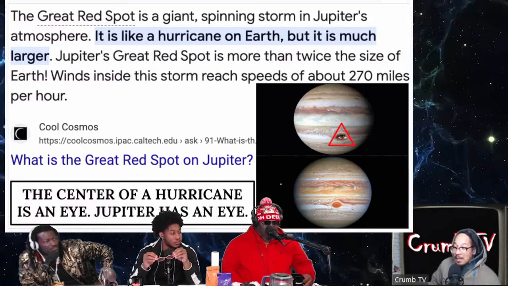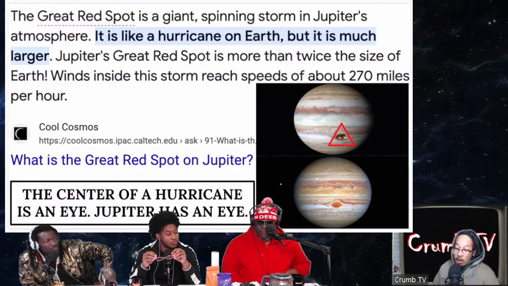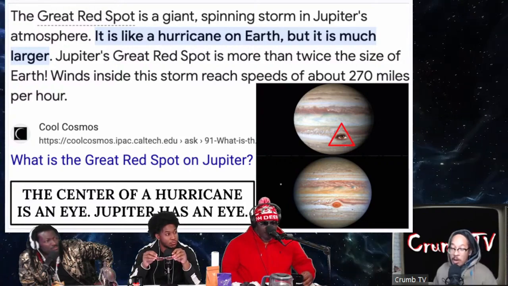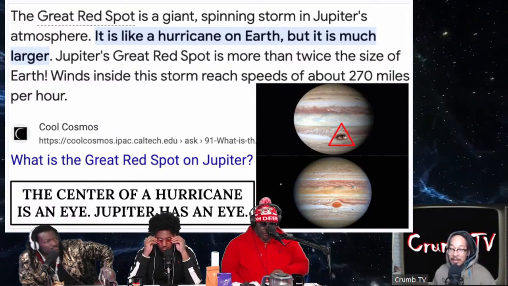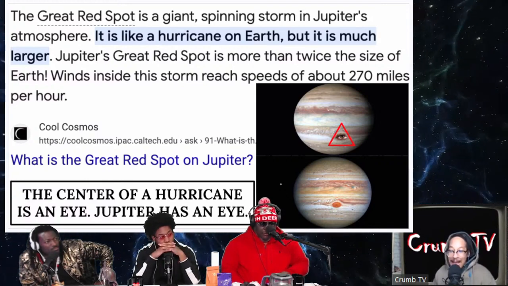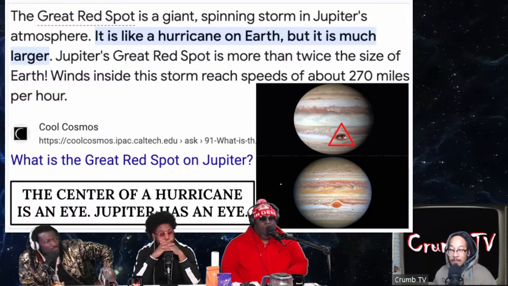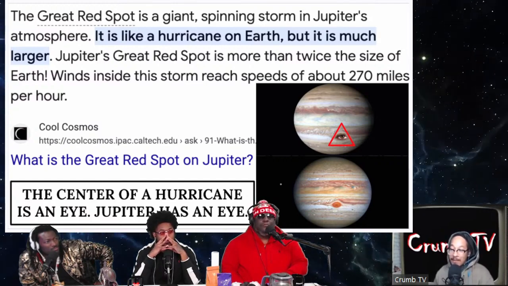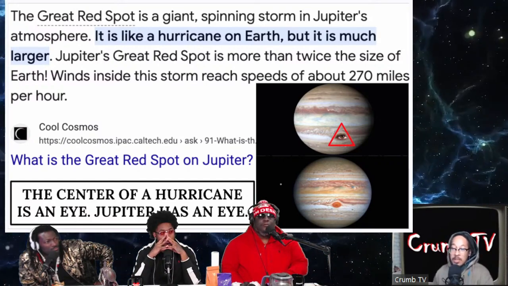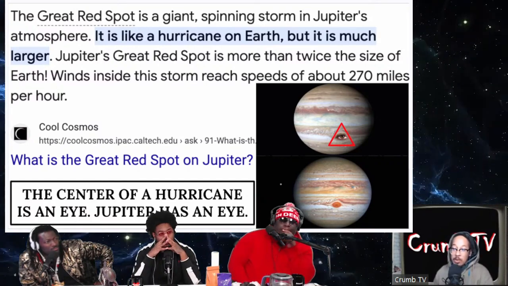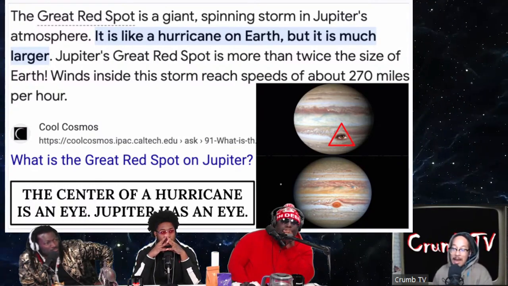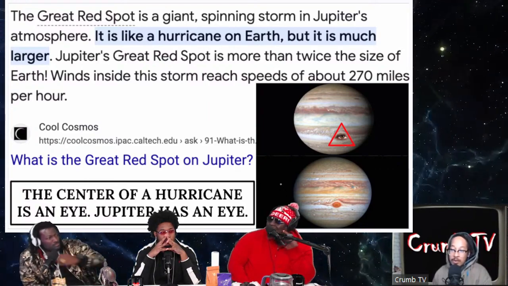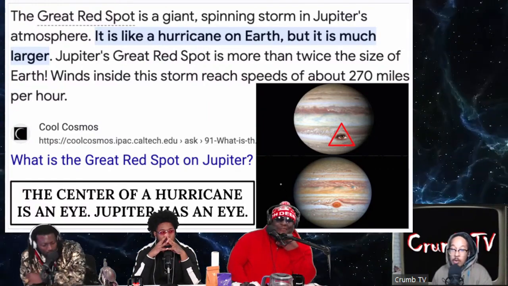And basically, it's a hurricane. They call it a storm, but it's a hurricane. And we know hurricanes have an eye. There's an eye of the storm. And Jupiter has an eye. I don't know if anybody's ever put it in those simple terms, but when you're dealing with Jupiter, that whole one eye thing is going to be with Jupiter as well. Remember Odin?